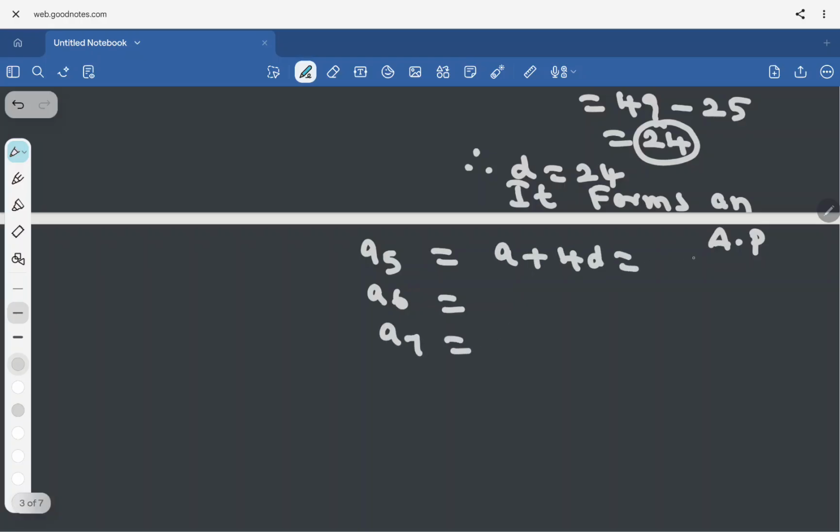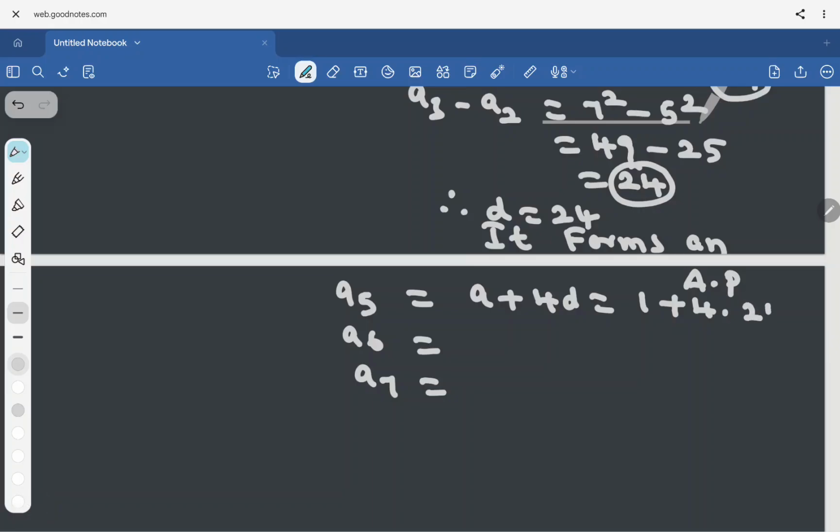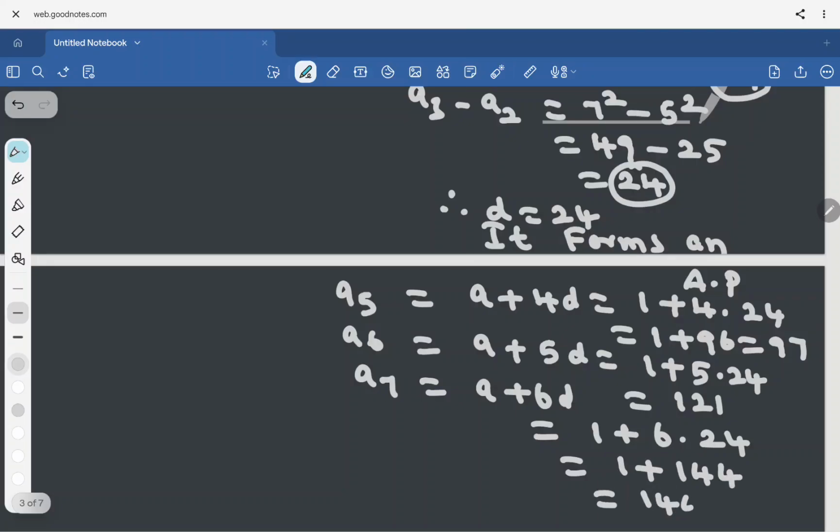We have to find 3 more terms, that is a5, a6, a7. a5 is a plus 4d. Here a is 1 square, that is 1 plus 4 into 24. 1 plus 96, 97. a6 is a plus 5d, 1 plus 5 into 24, 120 plus 1, 121. a7, a plus 6d, 1 plus 6 into 24, 1 plus 144, answer is 145. a5 is 97, a6 is 121, a7 is 145.